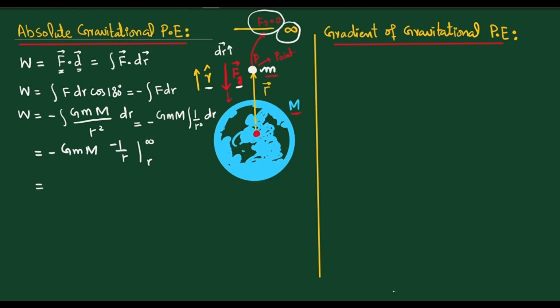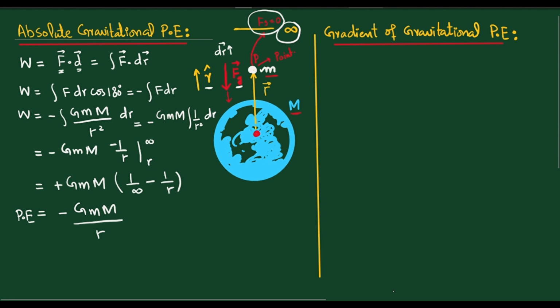The minus capital G small m capital M, this minus and this minus will become positive, and we will be left with 1 by infinity minus 1 by r, and 1 by infinity goes to 0, so our equation will become minus capital G small m capital M divided by r. And this work done is equal to the absolute gravitational potential energy.